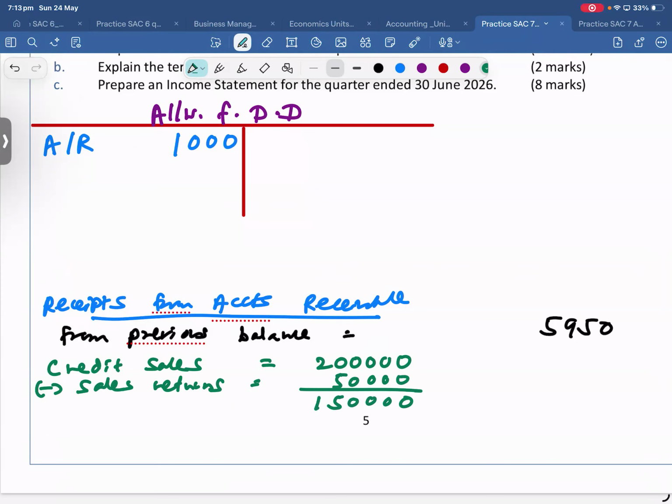Is this how much we are going to receive? No. Discount expense? No. Yes, you had to add GST, guys. Plus GST 15,000. So you have 165,000. This is the total receivable from accounts receivable.